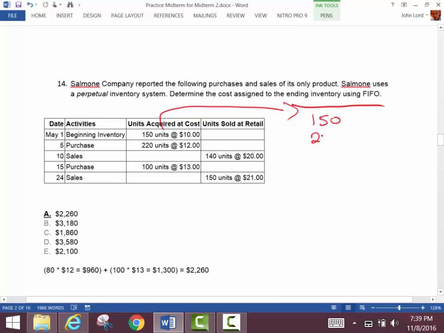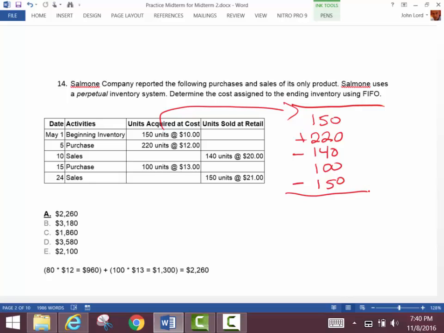I have 220 that get purchased. I then use up 140, don't I? So I'm going to subtract that. And then I buy another 100, and then I use up 150, don't I?